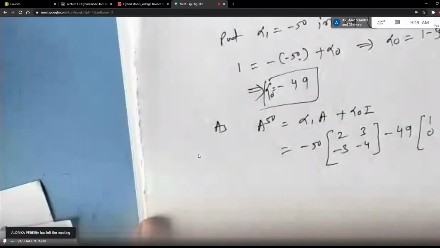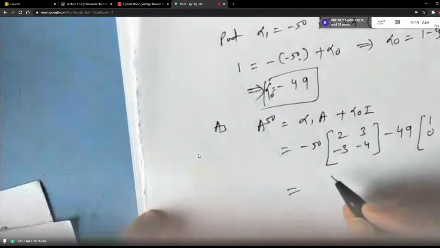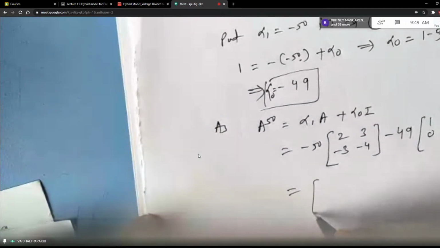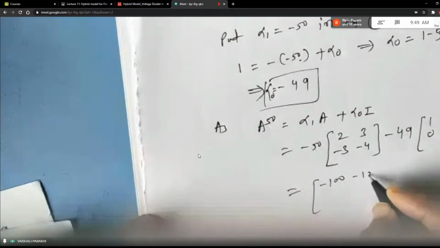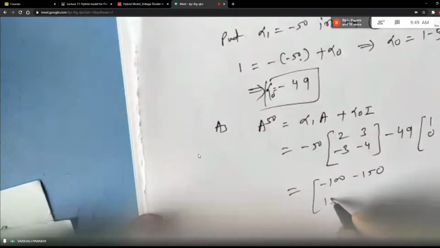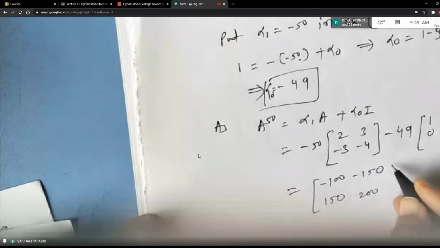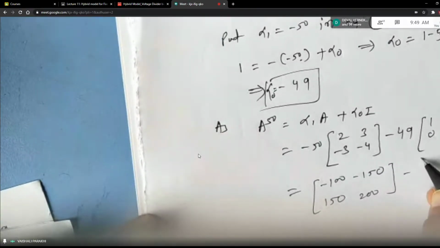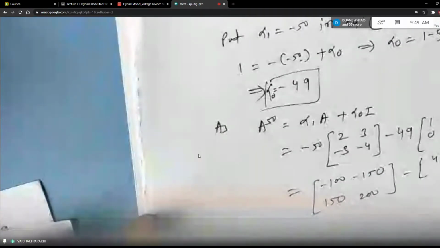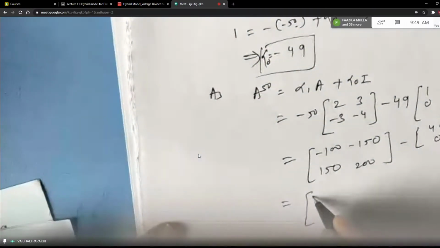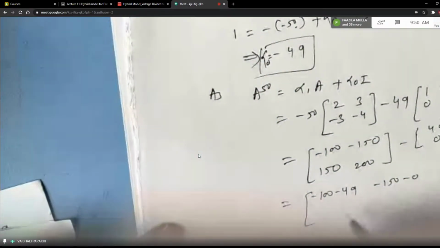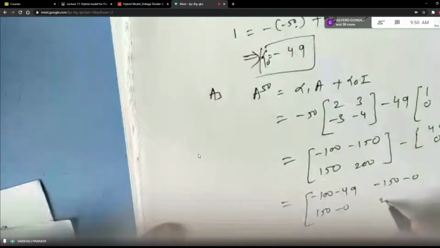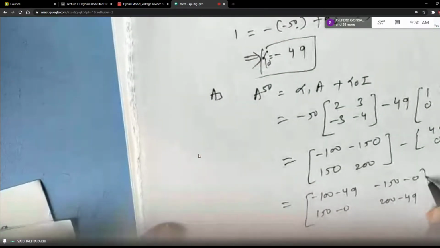Okay. And now you have to simplify it as usual. First multiply here by minus 50, so it is minus 100, then minus 150, right? Then 150, 200, then minus 49, 0, 0, 49. Then corresponding elements here to add and subtract. Minus 100 minus 49, minus 150 minus 0, 150 minus 0, 200 minus 49.